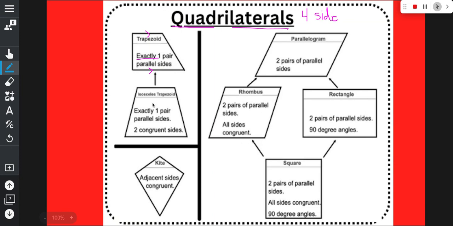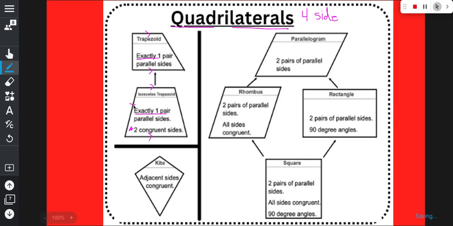The next one down is called an isosceles trapezoid. Notice it has the definition of a trapezoid, and it adds to the definition. So it has 1 pair of parallel sides. So in this case, it's still the top and bottom. And it has 2 congruent sides.